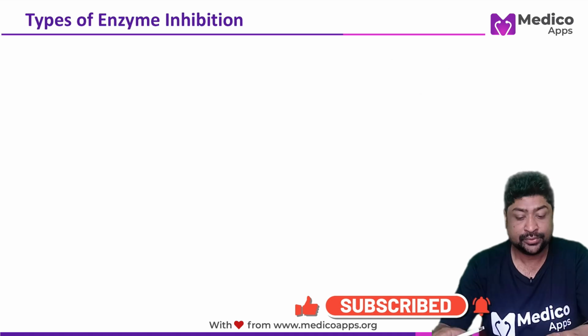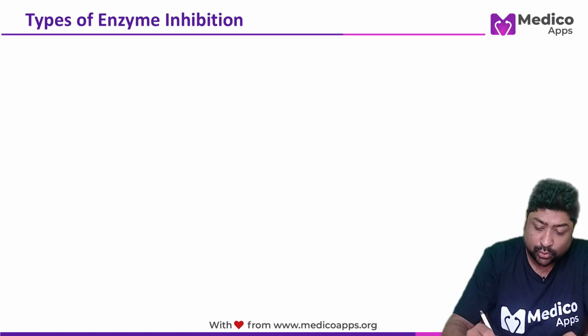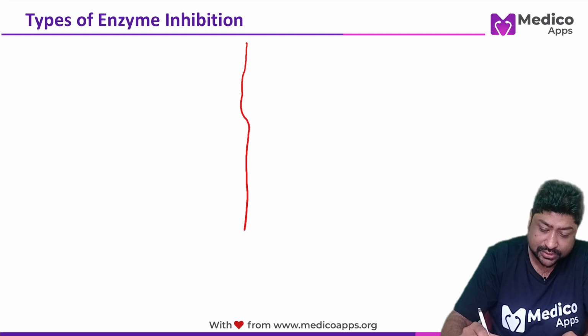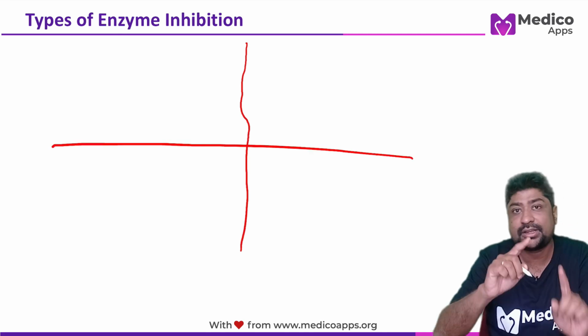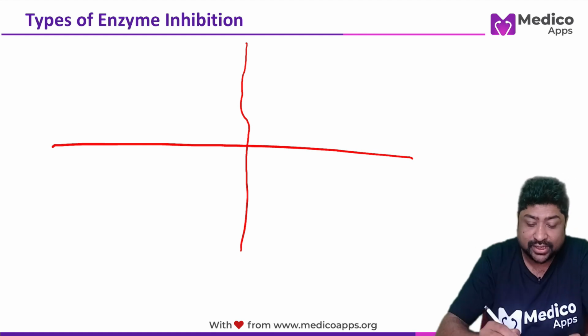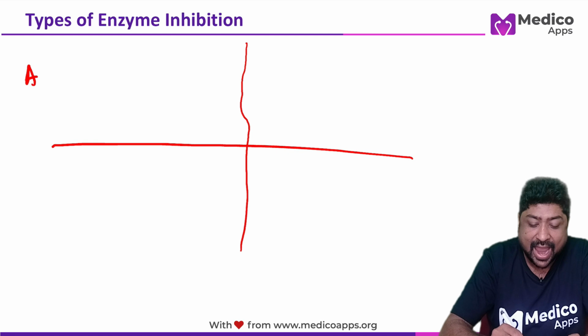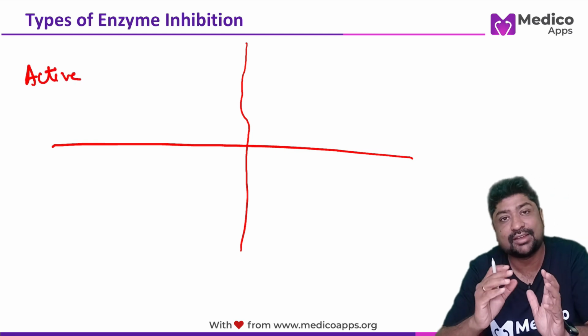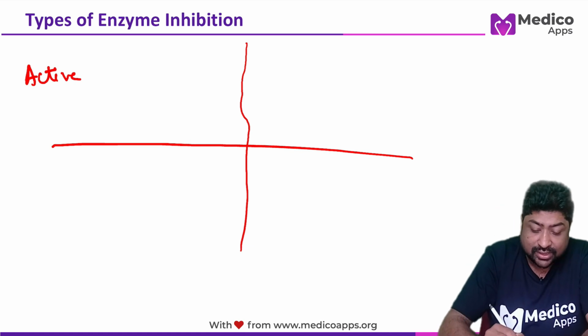So let's start. Whenever you are talking about inhibitions, let's create a 2 by 2 matrix. If we talk about enzyme inhibitors, they can be acting on the active site, we know that every enzyme will have an active site, or they will be acting on the allosteric site.